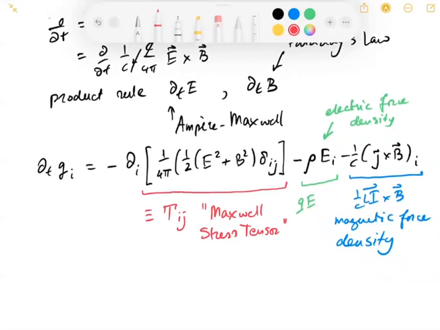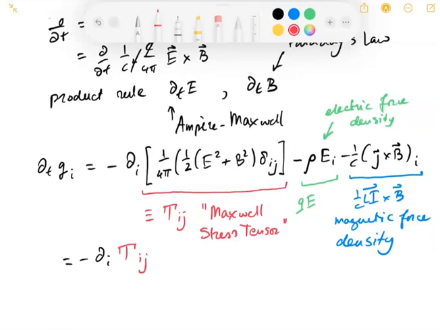So if you look very carefully at this, you'll see that we have here, therefore, a minus the divergence of this stress tensor. And you see it is a divergence because there's a dot product, because that sum over I is implied.